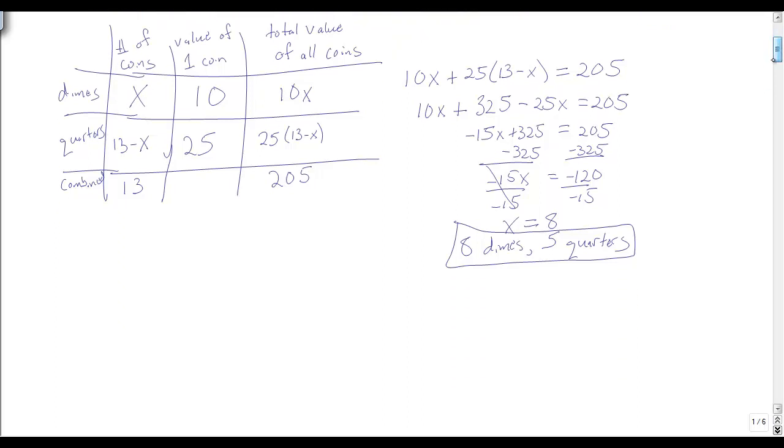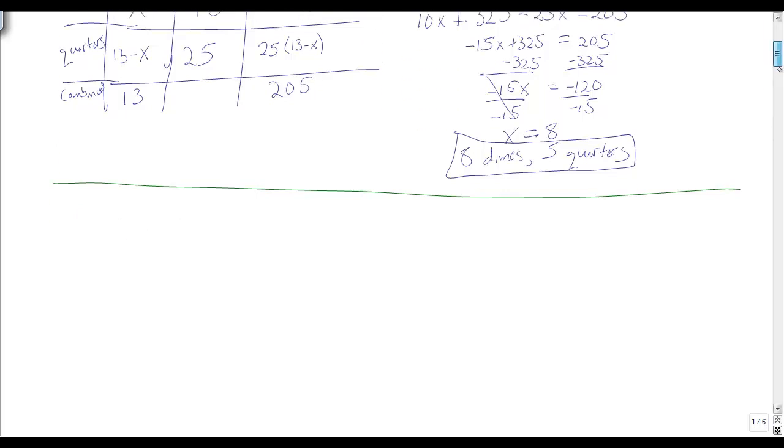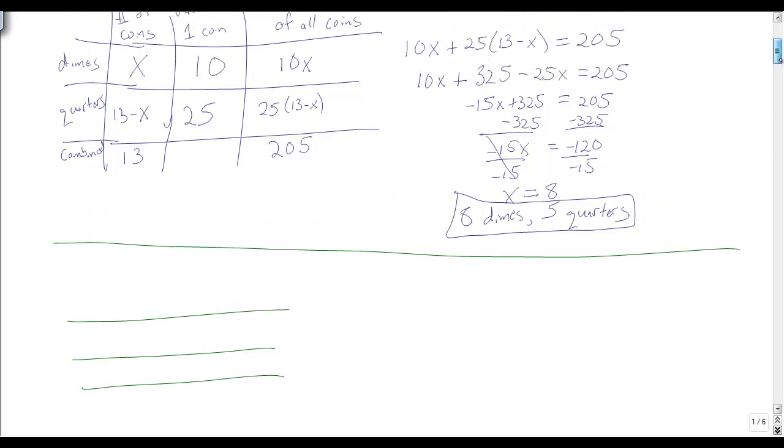So I'm going to do my chart a little bit differently. Let's just start over and do the whole thing over. So I'm going to do the chart. Wait, how many horizontal lines did I have? I had 3 horizontal lines and 3 vertical lines.